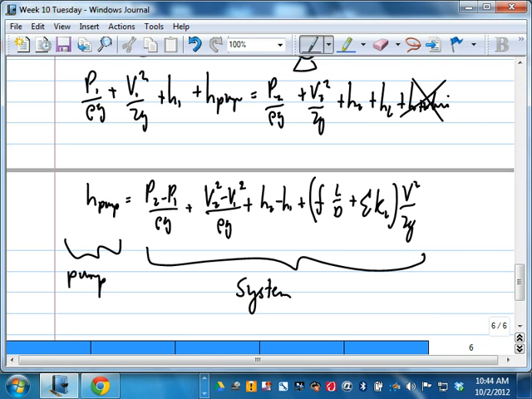In that case, maybe that one is constant, or maybe even 0. V2 minus V1, both of them are 10, so that one is also 0. H2 minus H1, maybe that's a constant.